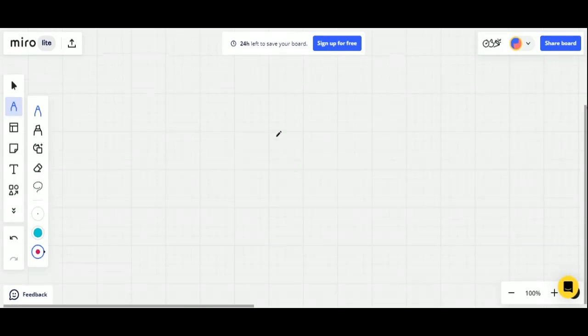Next, another thing you can do while factorizing is grouping. So let's take one example.